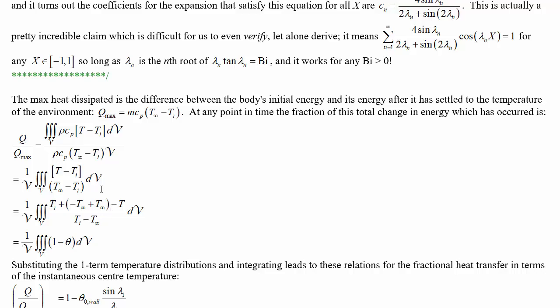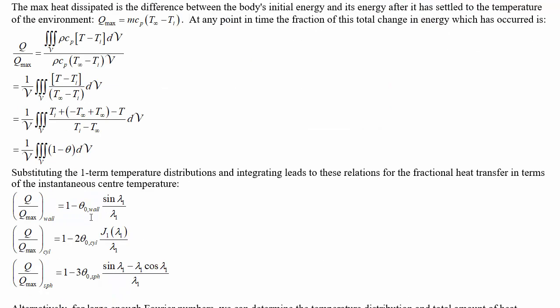So if you substitute the one-term temperature distributions into this, then after a little bit of manipulation, it turns out that you get 1 minus the temperature at the center of the wall, so this is the center line temperature, times sine lambda 1 over lambda 1 for the wall; 1 minus 2 times the center line temperature of the cylinder times the first order Bessel function of the first kind at lambda 1, over lambda 1.